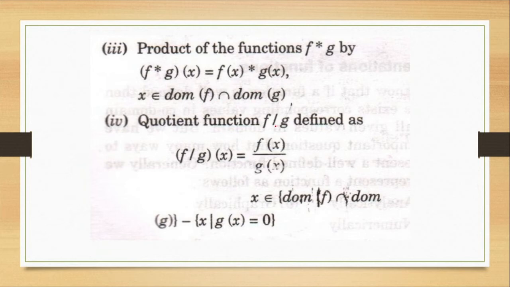Quotient function f by g is defined as f by g of x equal to f of x upon g of x, x belongs to domain f intersection domain g, excluding the points where g of x equals 0.